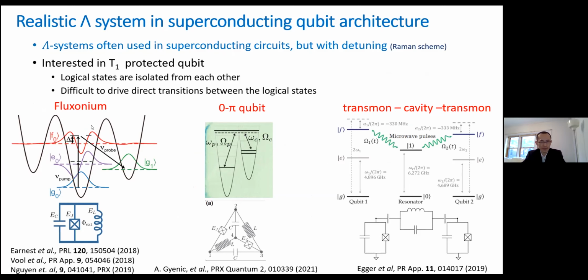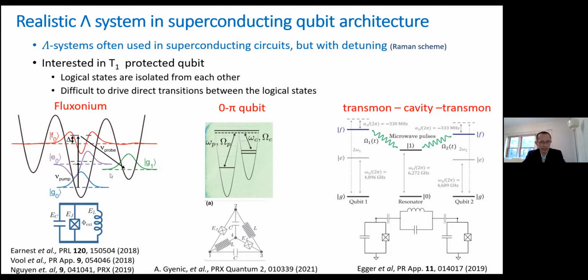Normally, in this kind of system, you have different wells, where the ground state in each well can be used as a lower state of the lambda system, with a common excited state. And this kind of potential well is normally good to get a T1 protected qubit, because the qubit states are isolated from each other.